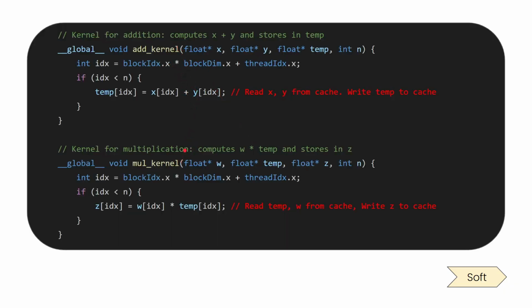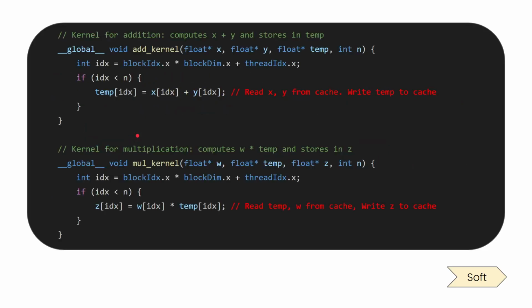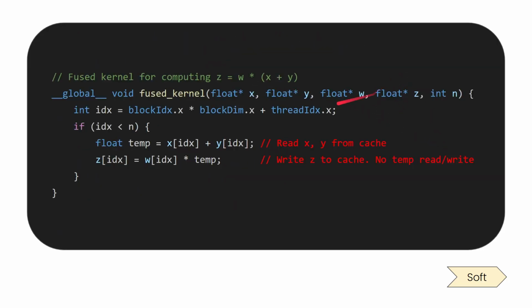What we could try is operator fusion, taking these two kernels that perform two different operations and fusing them, merging them into one kernel in order to reduce the amount of memory reads and writes.